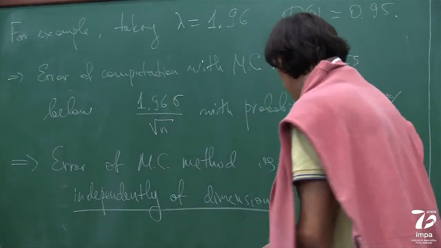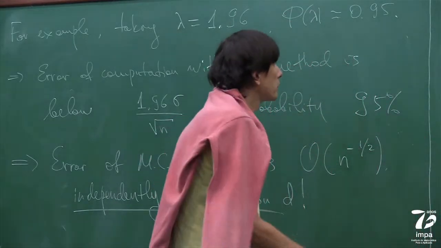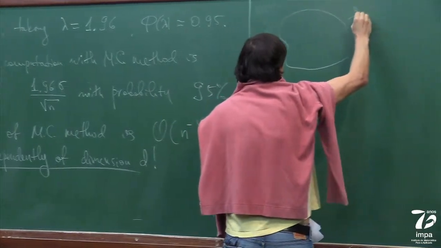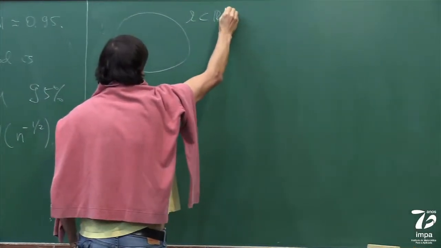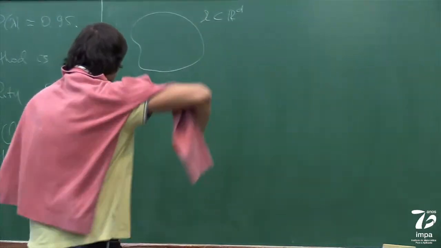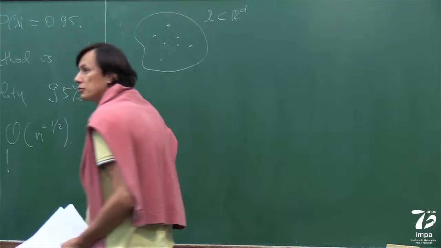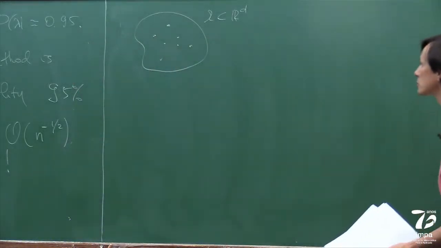Okay, so now what we have is that, having a certain domain in arbitrary dimension, you have to pick up random points, uniformly distributed. Well, uniformly distributed is not hard to do.